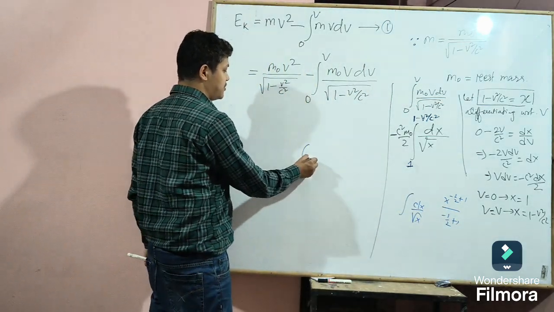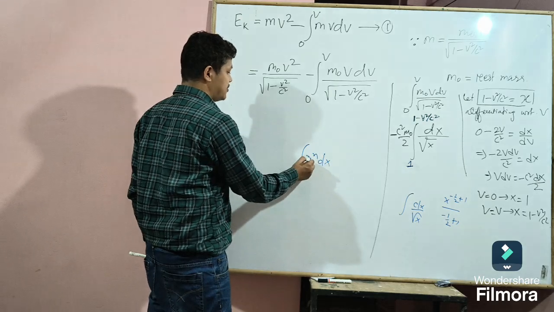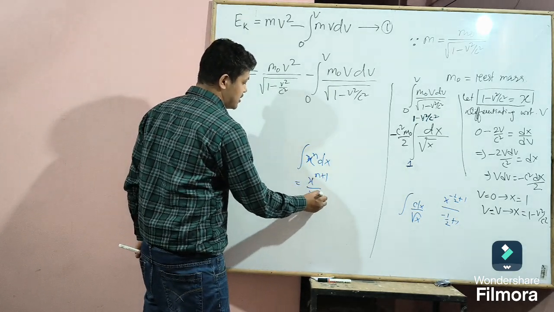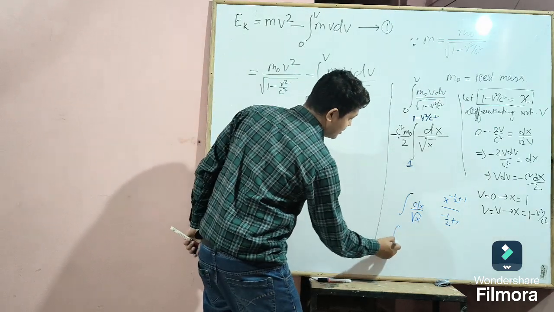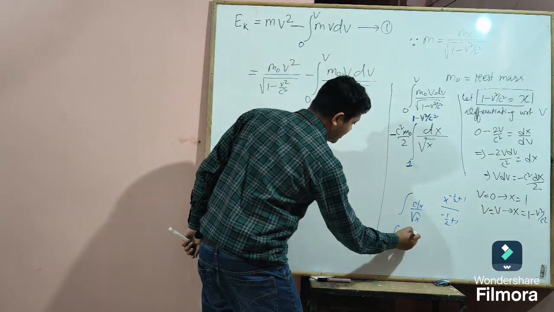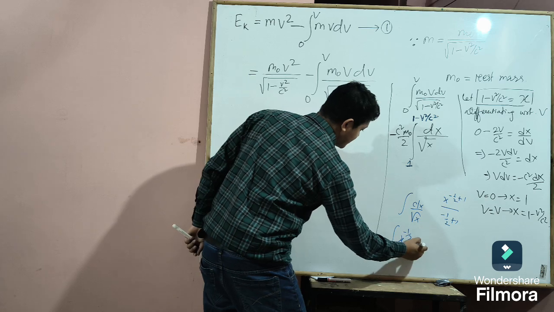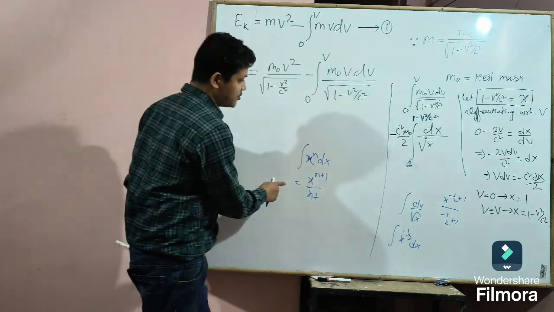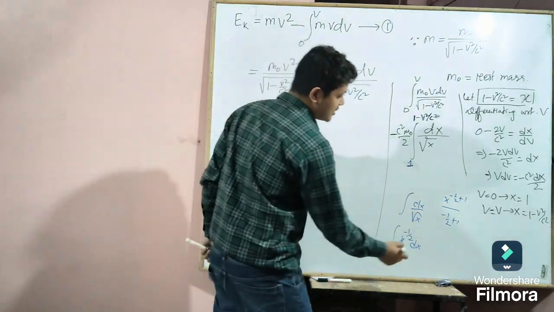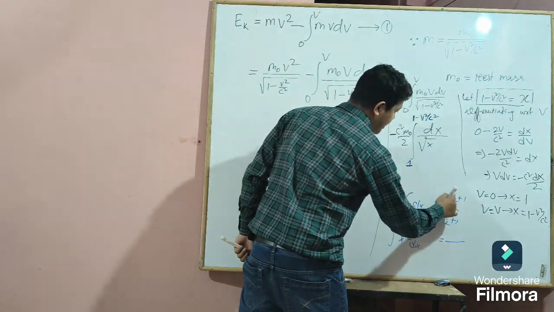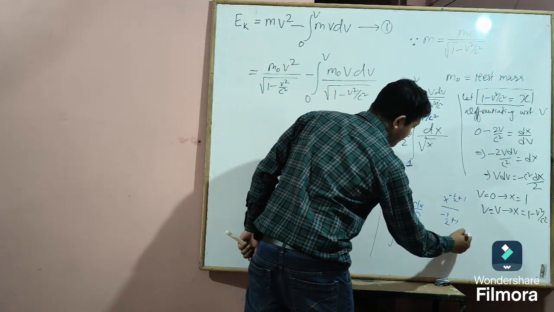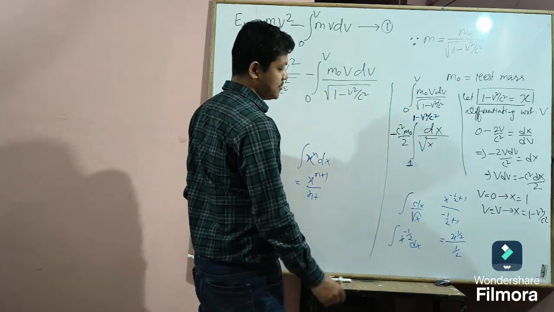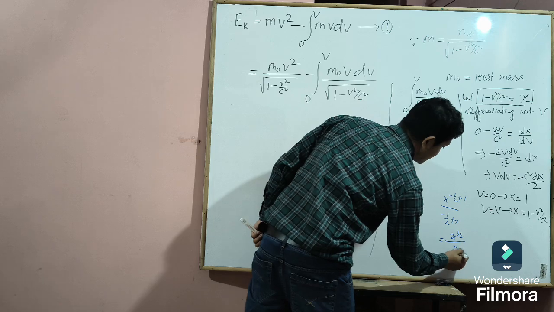According to this formula, integration of x to the power n dx is equal to x to the power n plus 1 by n plus 1, and this is nothing but integration of x to the power minus half dx, right? If you integrate this, you should get this using this formula. So if that is the case, then minus half plus 1 is plus half, x to the power half, and here also half. That's what we're going to have, right? Hope you have understood this.